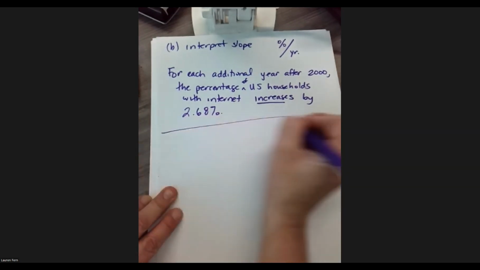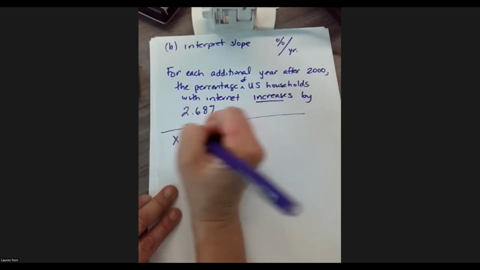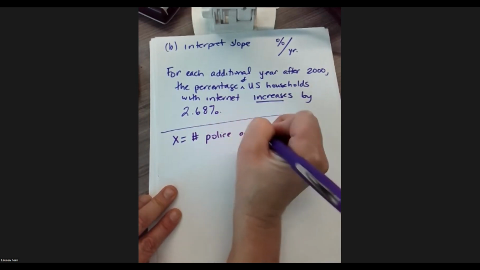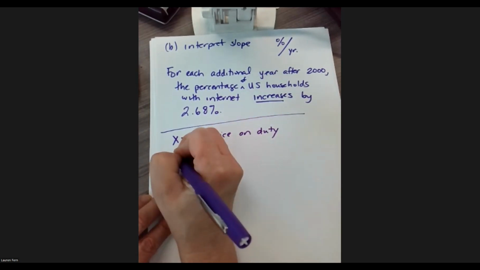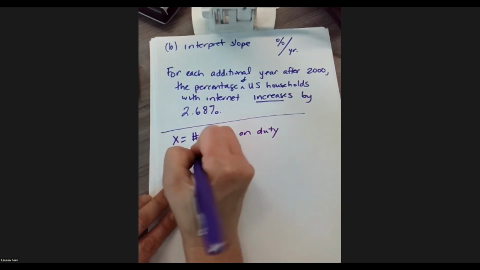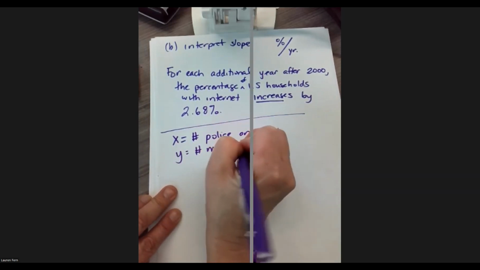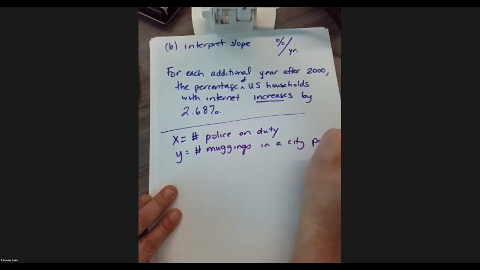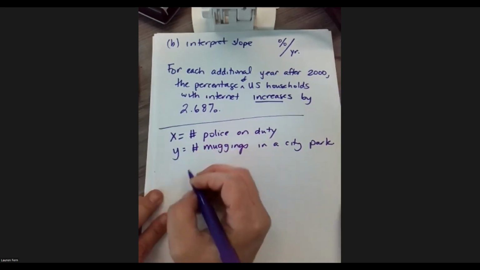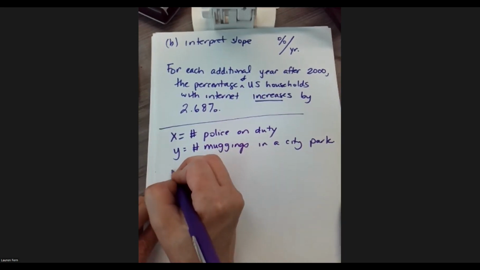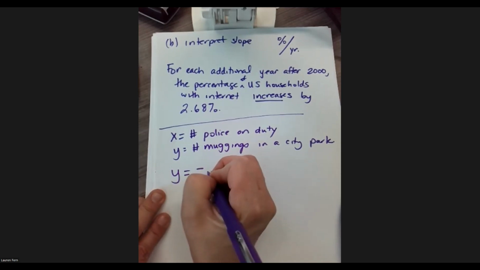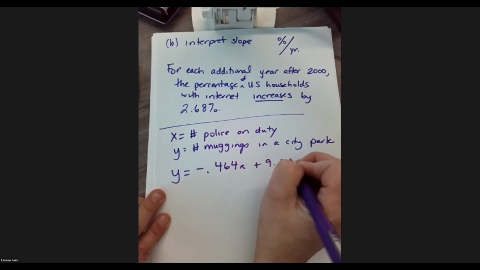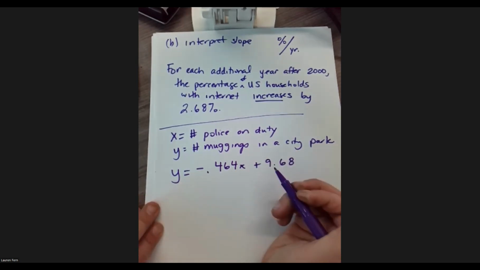All right, another example. I'm going to now let X represent the number of police on duty. And I'm going to let Y represent the number of muggings in a city park. And suppose I tell you that the line that best approximates this data is as follows: y = -0.464x + 9.68.